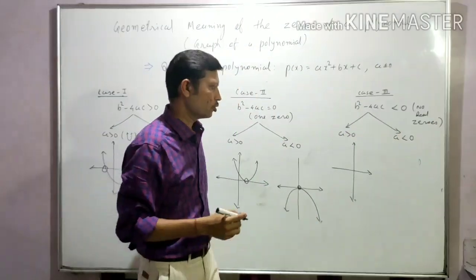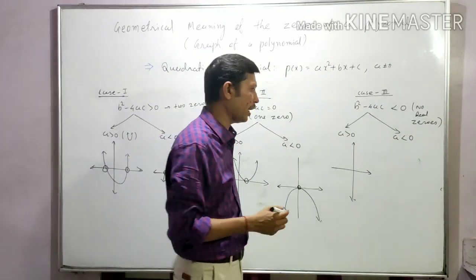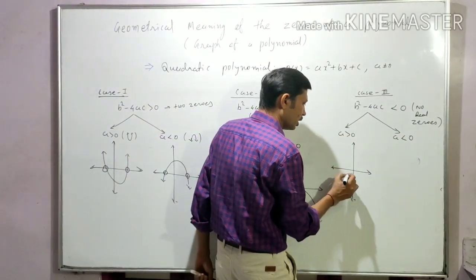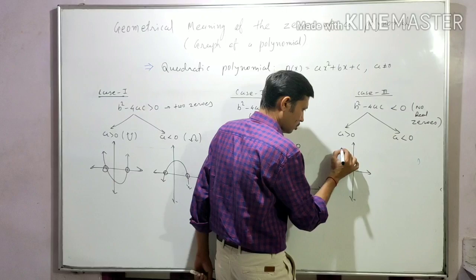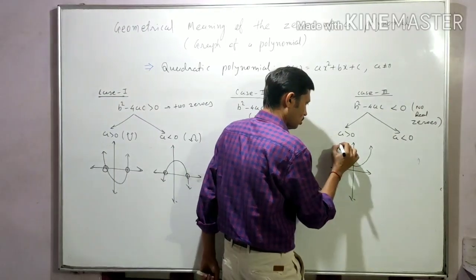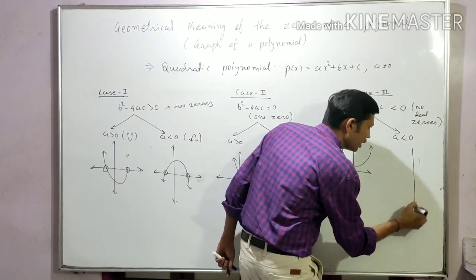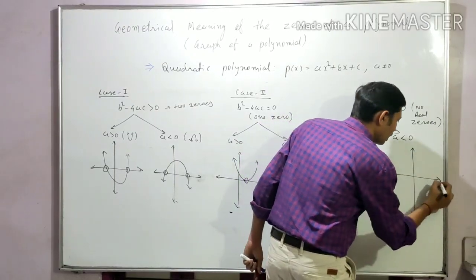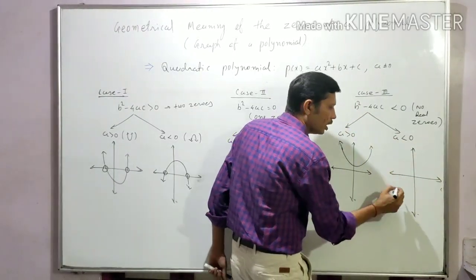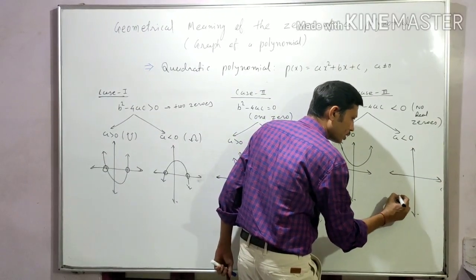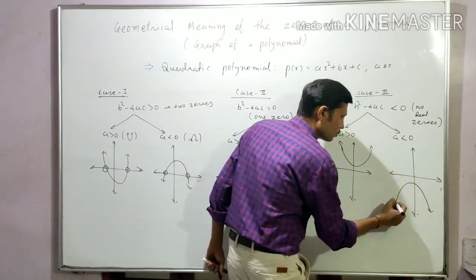That means it will not intersect with the x-axis, right? So the graph is like this. Parabola upwards in the case of a greater than 0 and parabola downwards in the case of a less than 0. But again it will not intersect the x-axis.